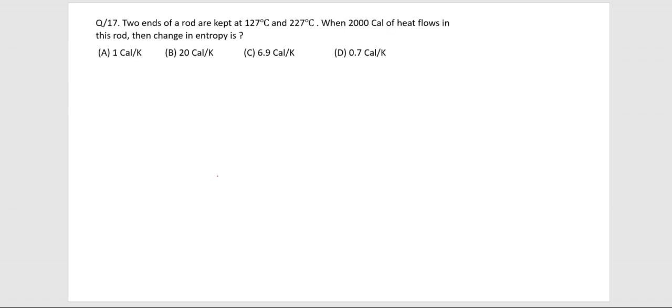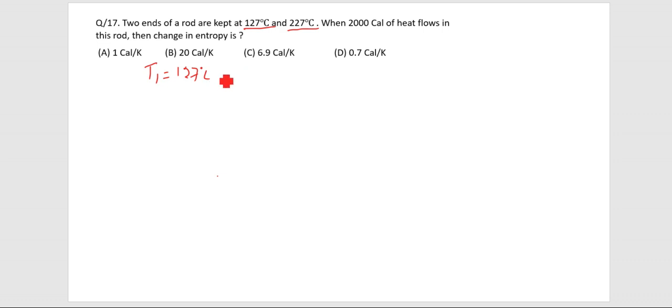In question number 17, the question is asked that two ends of a rod are kept at 127 degrees Celsius and the next one is 227 degrees Celsius. First, T1 is 127 degrees Celsius.